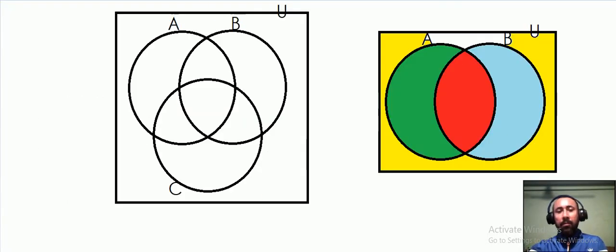So now let's move on to the problem based on three sets. Regarding three sets, we start from this region.